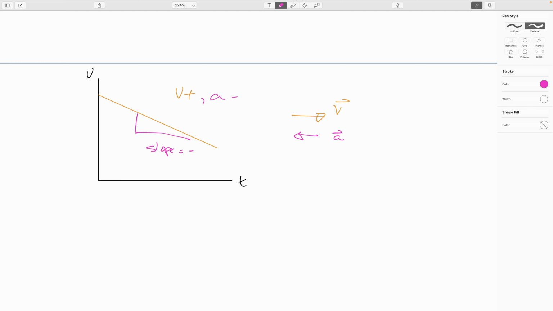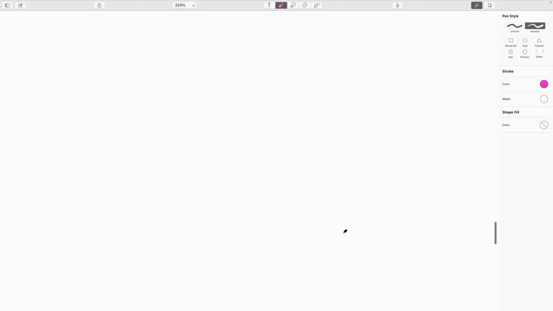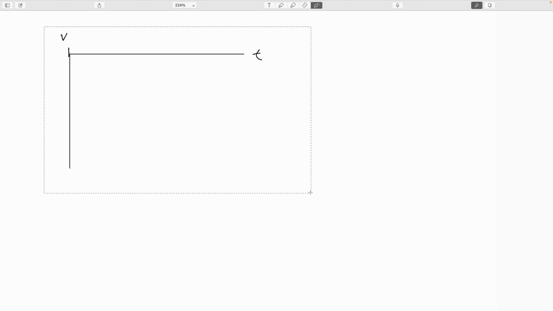All right. Let's go look at a couple more cases here. So now let's go look in quadrant 4 for a bit. So this is my velocity. There's my velocity. There's my time. We'll copy that as well.